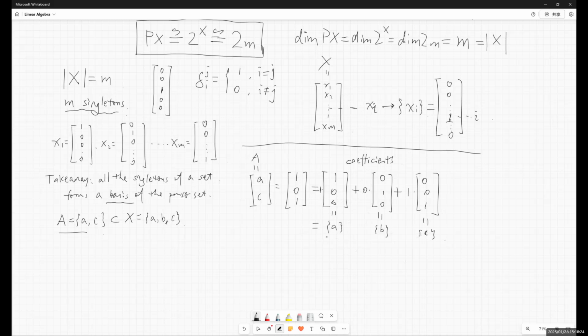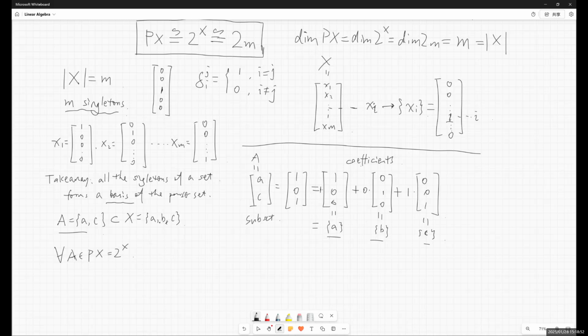So they are the basis. The basis with the coefficients can generate a subset. You can try and you will find that for any subset in the power set of X, the singletons can generate it.